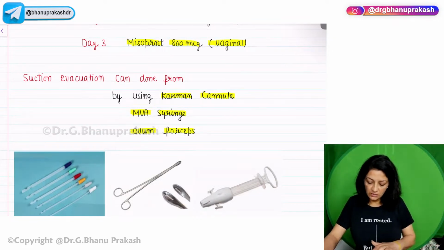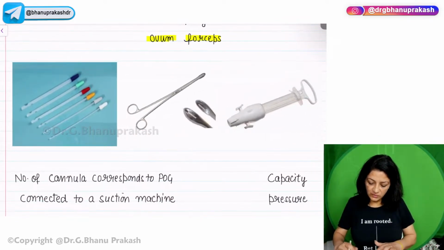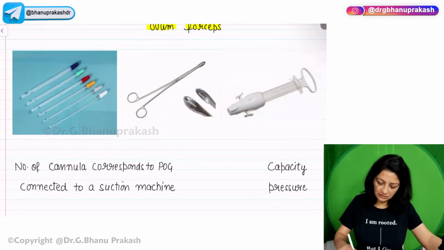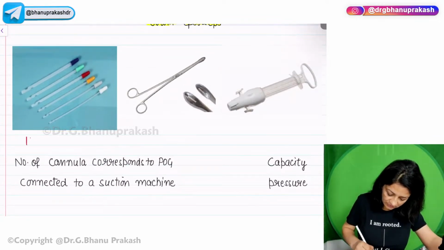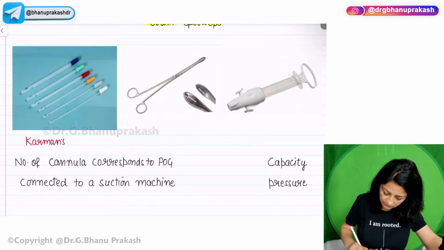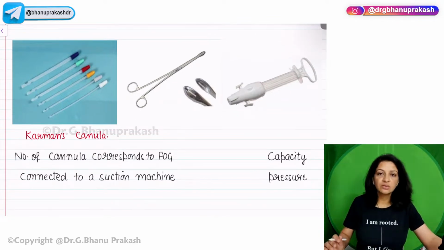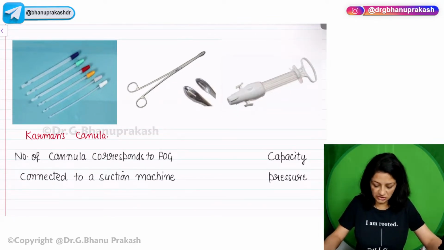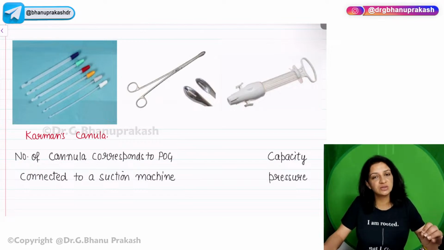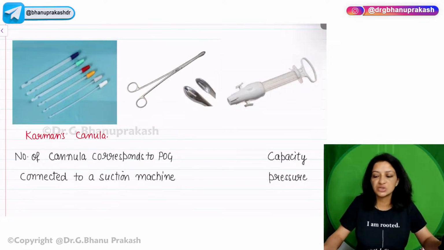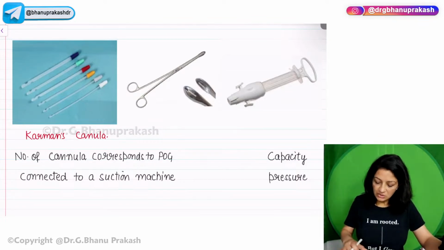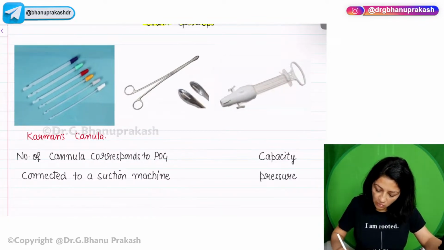Okay, so first one is the Karman cannula. The number of the cannula corresponds to the period of gestation. The greater the period of gestation, the higher the number of cannula you use, connected to the suction machine. Okay, so second one is the ovum forceps.